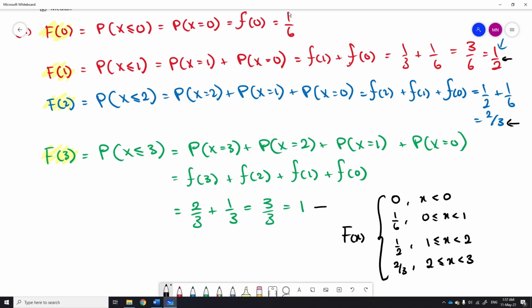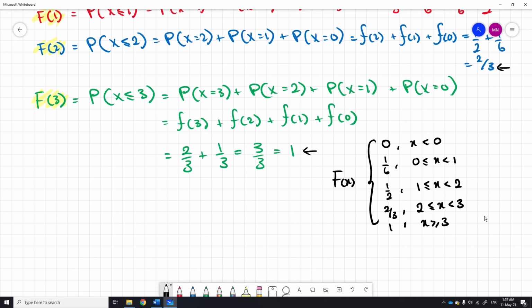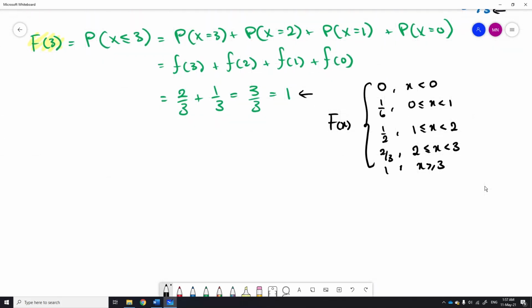And finally we have 1 for f3, sorry, for the region that x is bigger than or equal to 3. Okay, so this is the cumulative distribution function. And now let's form the cumulative distribution graph.